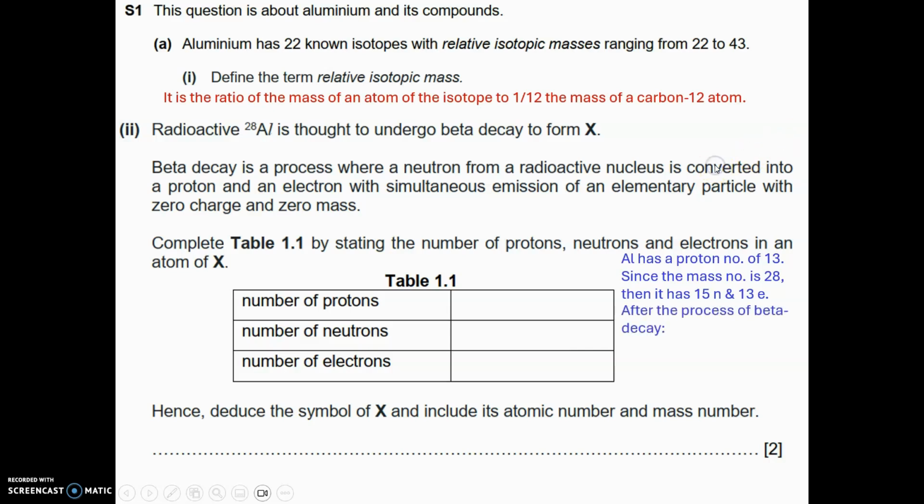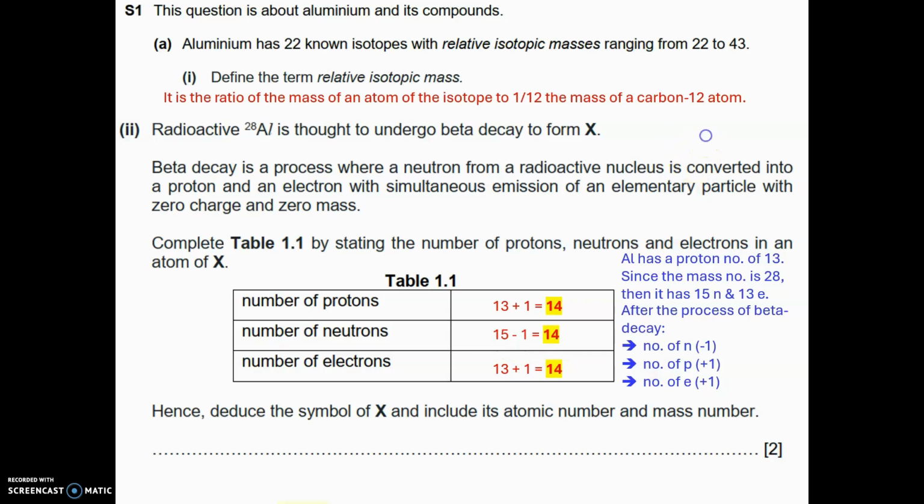So a neutron has been converted to a proton and an electron, which means that the number of neutrons has decreased by 1, while the number of protons and electrons has each increased by 1 after the process. So after beta decay, this nucleus now has 14 protons, 14 electrons, as well as 14 neutrons.